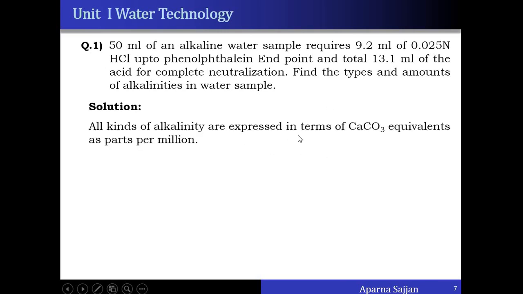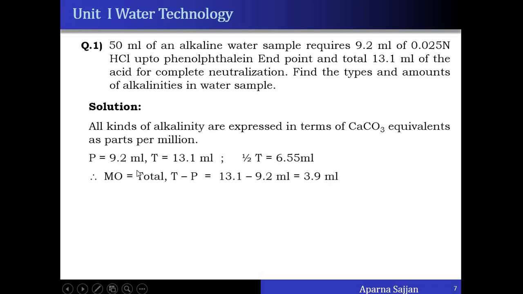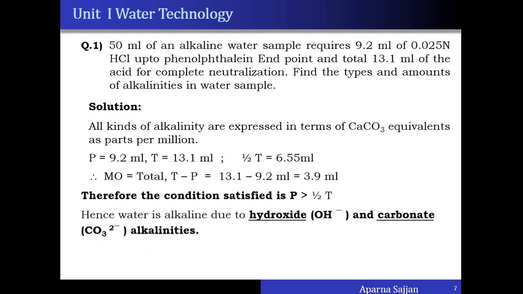And we know that all kinds of alkalinities are expressed in terms of CaCO3 equivalents as parts per million. Therefore, using the formulas, the methyl orange endpoint is T minus P, total minus phenolphthalein, that is 3.9, and half of the total titration volume is 6.55, that is 13.1 divided by 2 is 6.55.